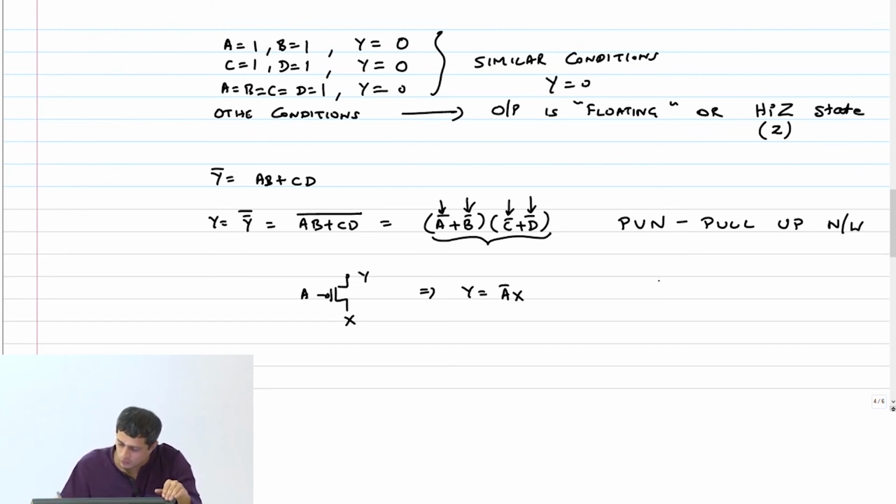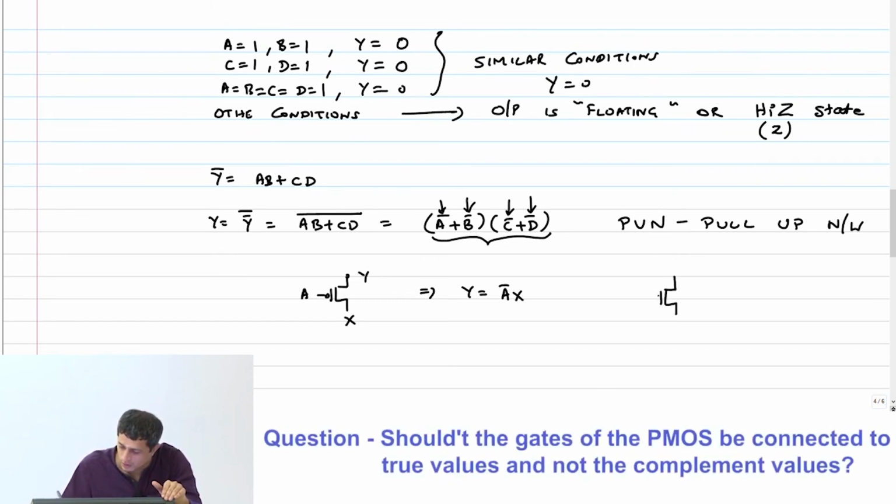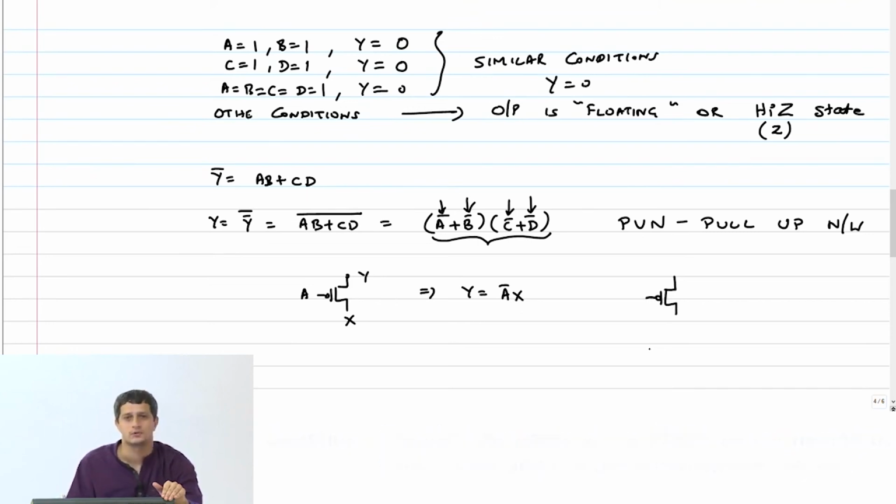Right? So what you do for the pull-up network, I have two terms, A bar plus B bar using two PMOS transistors, and that will be a parallel or series combination. It will be a parallel combination, A bar plus B bar. A bar plus B bar.